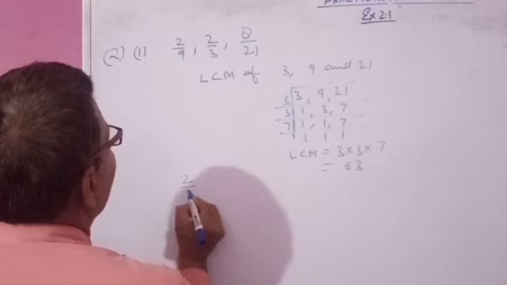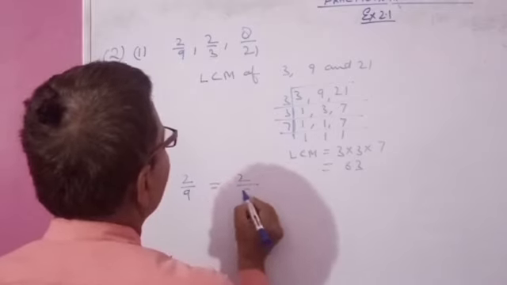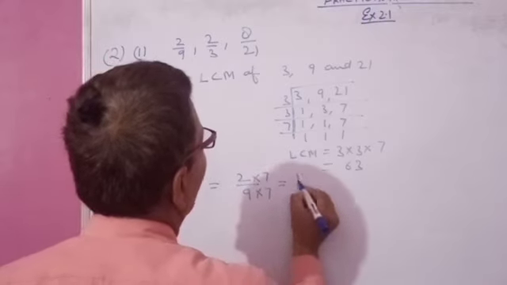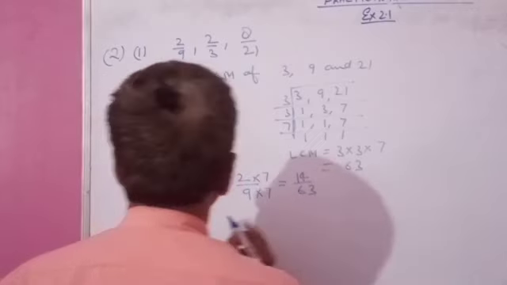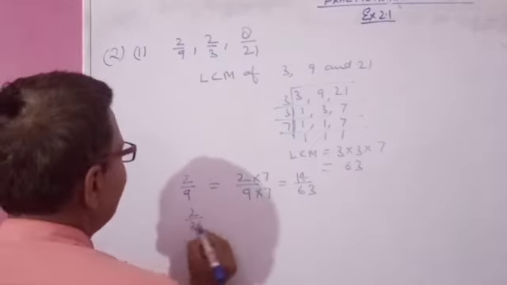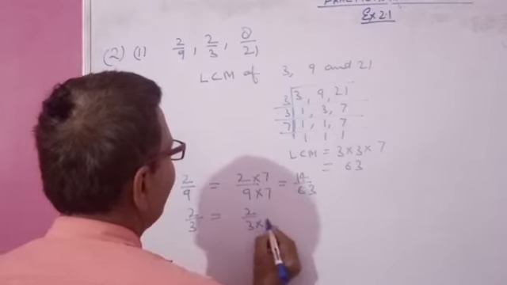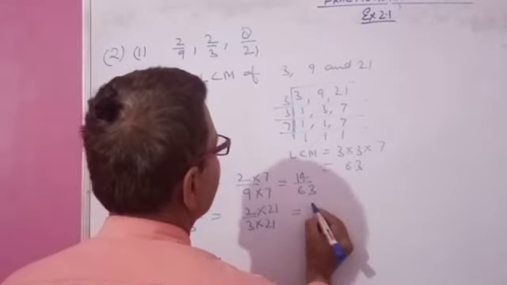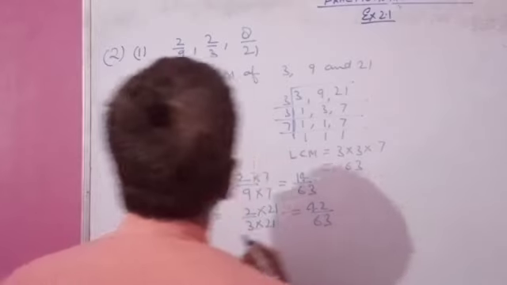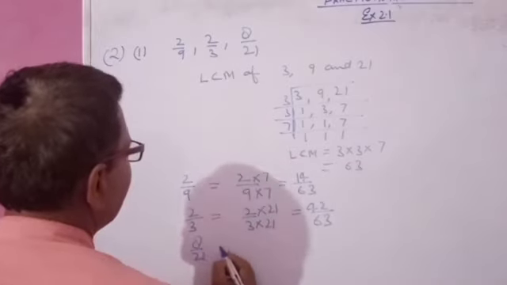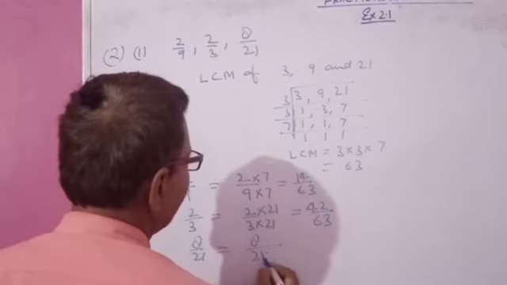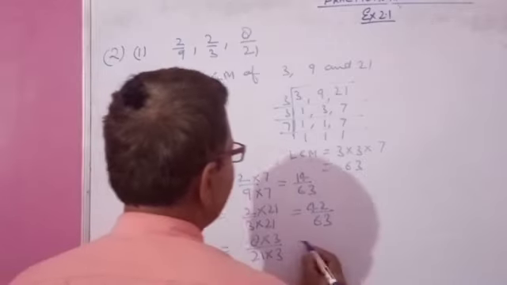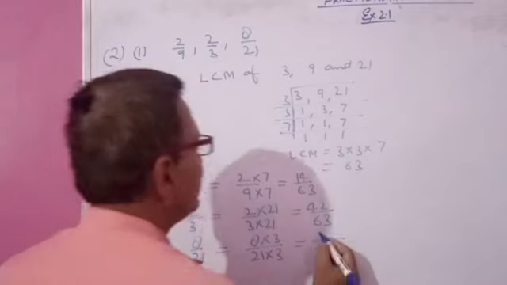Now we will change all the fractions to equivalent fractions having denominator 63. We can write 2 upon 9 by multiplying numerator and denominator by 7: 14 upon 63. And we can write 2 upon 3 by multiplying numerator and denominator by 21: 42 upon 63. 8 upon 21, we will multiply numerator and denominator by 3 to get denominator 63, giving 24.